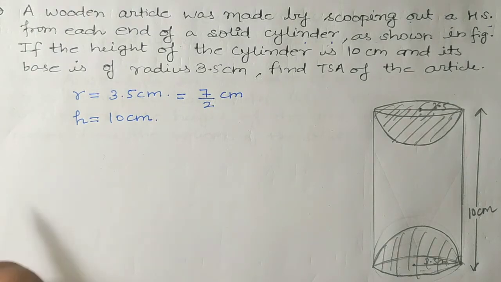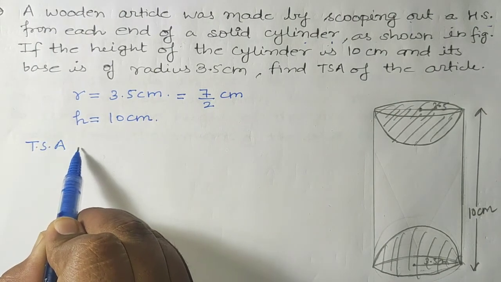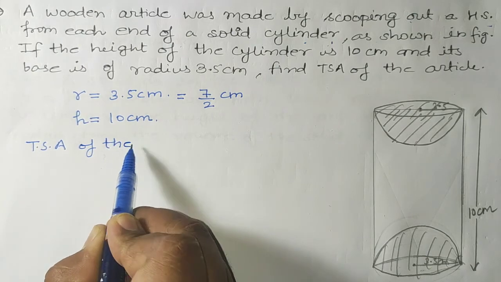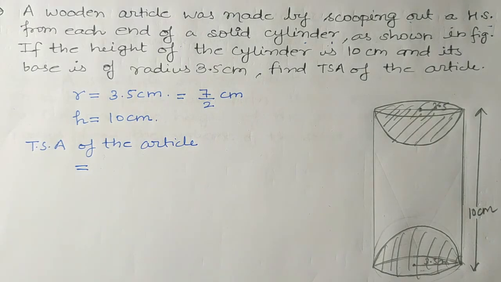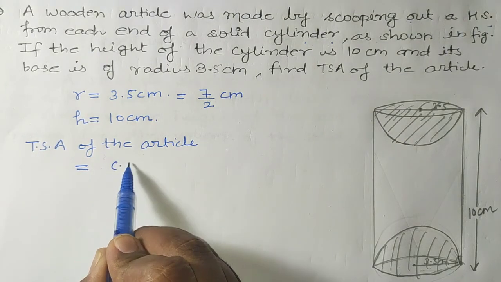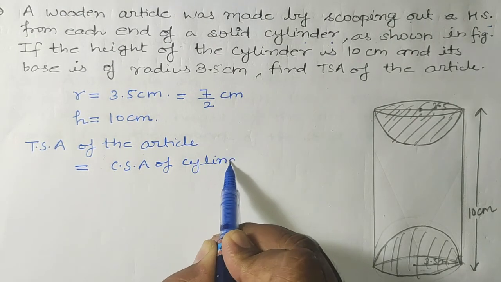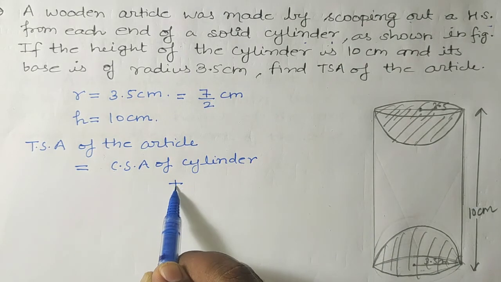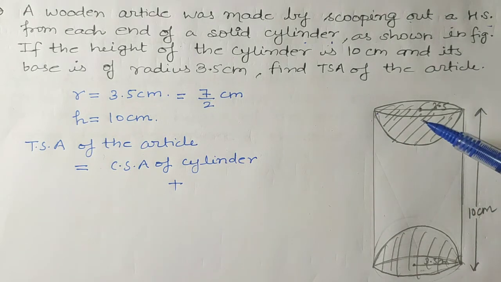Now see students, if we want to find the total surface area of the article, then what we have to do? The very first thing is we have to add the curved surface area of cylinder, and after that we have to add curved surface area since this hemispherical portion is cut out.